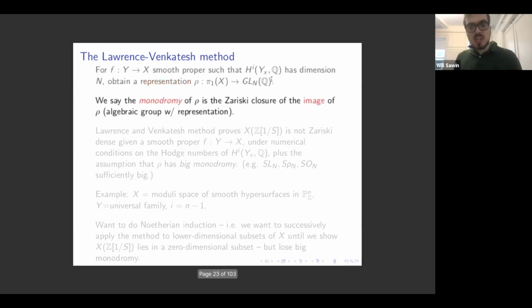And by definition, the monodromy of rho, maybe I should say Y to X, is the Zariski closure of the image of rho. So this is an algebraic group, and we want to think of it not as an abstract algebraic group, but as a group with a particular n-dimensional representation.